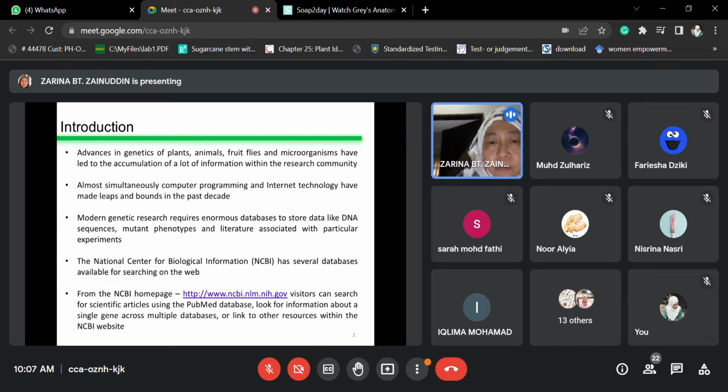So normally we use NCBI. You can also search for scientific articles using the PubMed database, and look for information about a single gene. In NCBI, it will also link to other resources within the NCBI website.